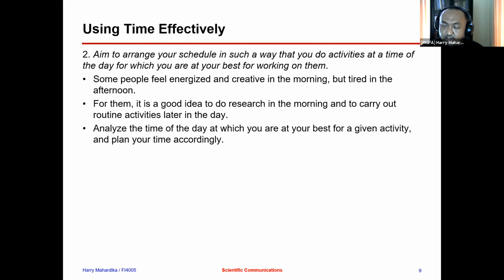The time of our most productive hour also needs to be modified from time to time, because it depends on the type of the work itself. We also need to adapt to the work that we are going to do.